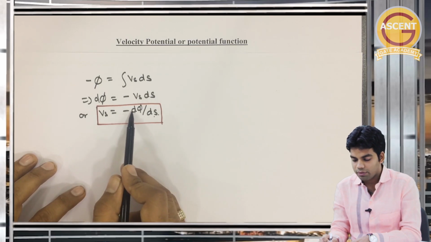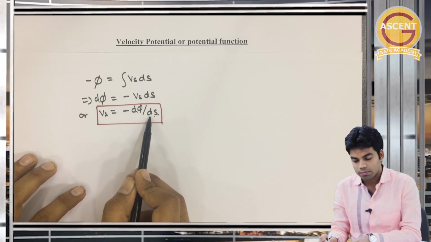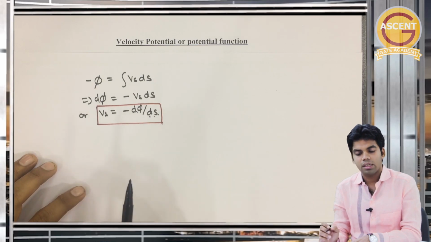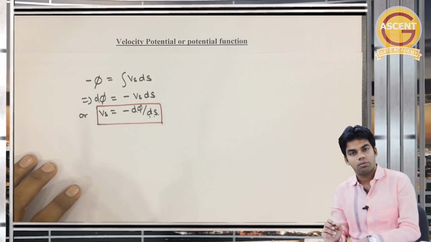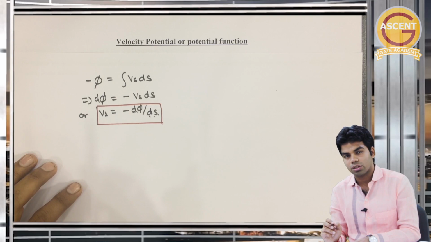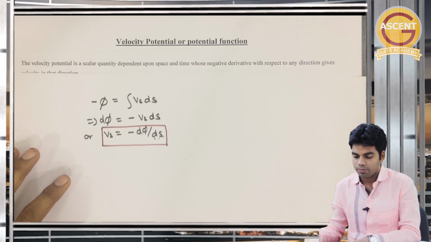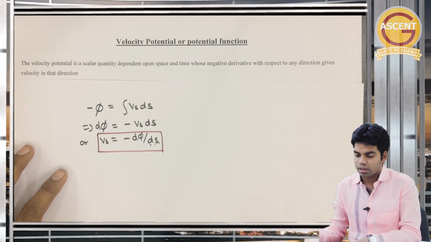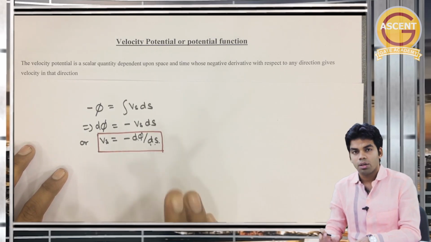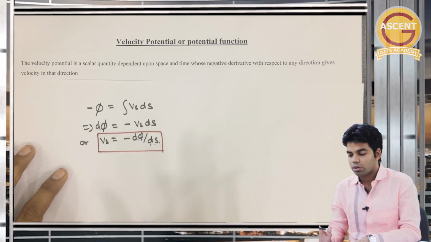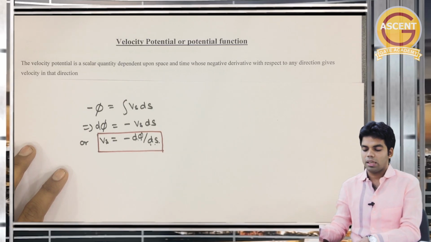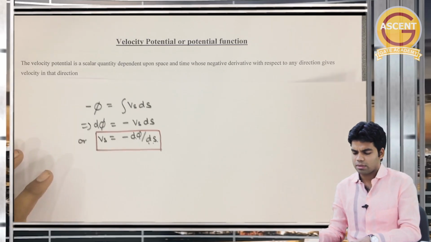Its negative derivative with respect to any direction gives velocity in that direction. Okay, so if you want you can write the definition: velocity potential is a scalar quantity dependent upon space and time whose negative derivative with respect to any direction gives velocity in that direction.